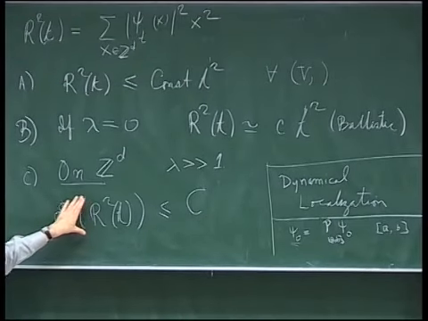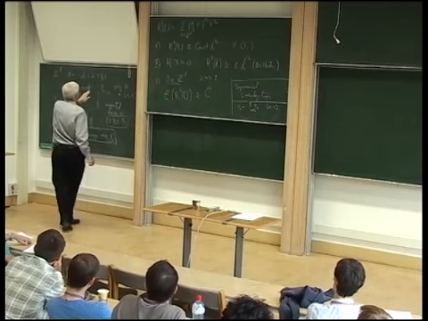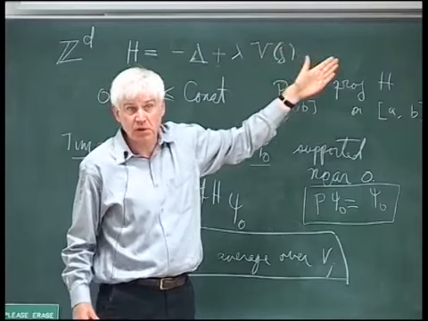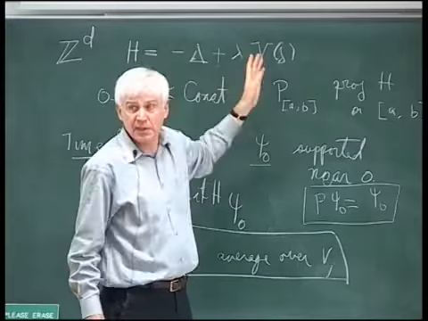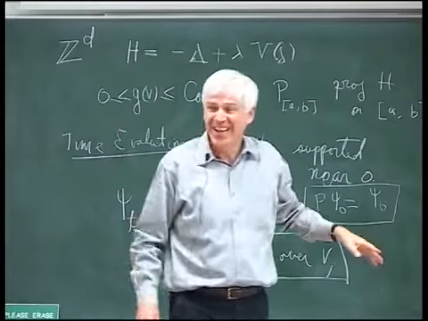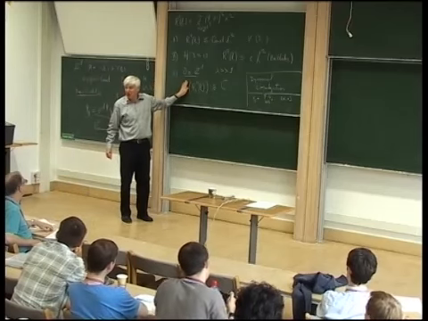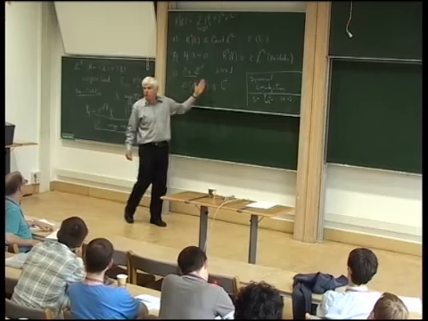This is not true without averaging, because if I didn't average, I might be so unlucky as to take a v which is constant, or periodic, or quasi-periodic, or just zero, right? So this is not a statement that's true without averaging. You have to average. And so it's a typical statement. It's true. You could also say this is true with probability 1.